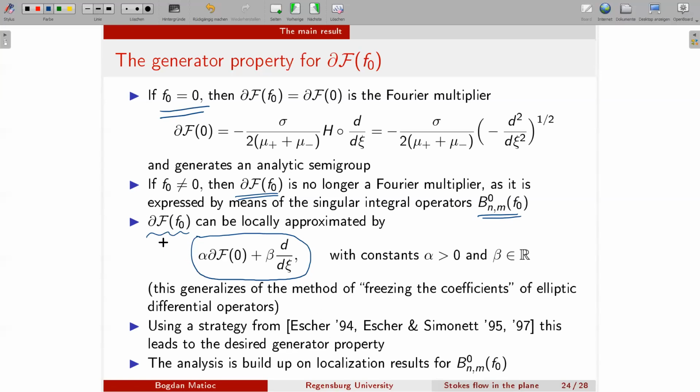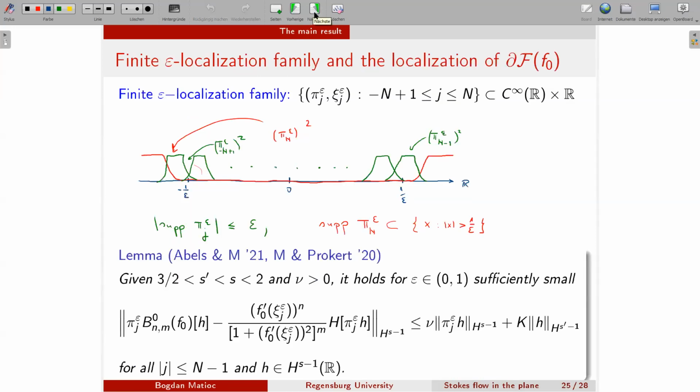So we are left to do this localization procedure, and of course this reduces to determining how to localize the singular integral operators, and this is described on the next page.